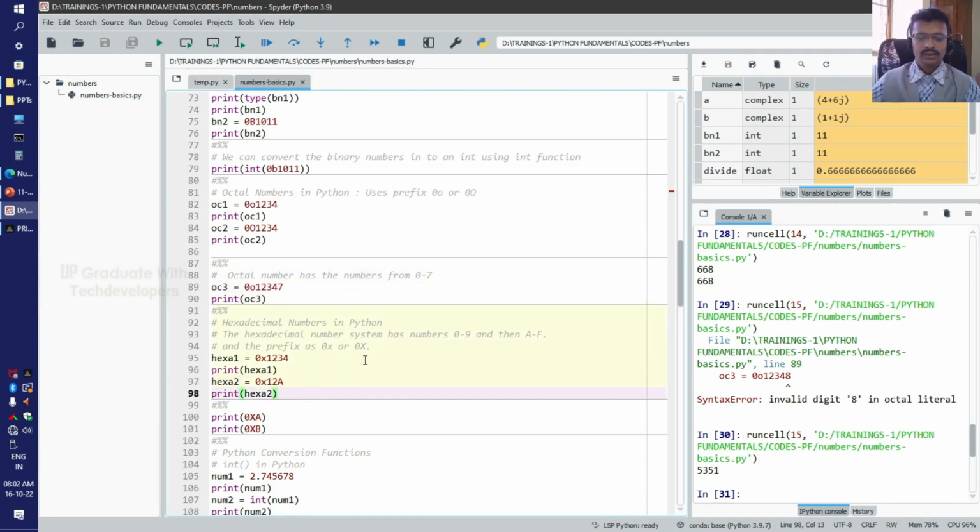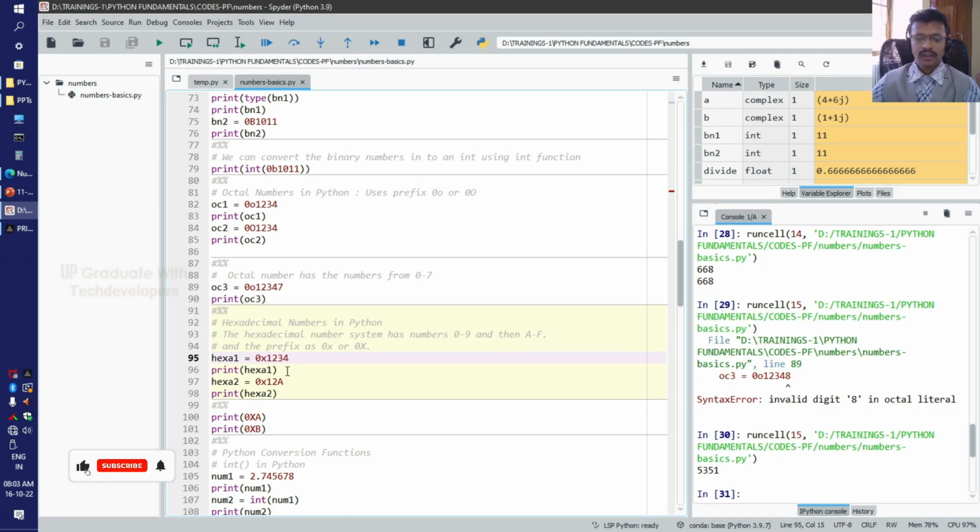Next we have hexadecimal numbers. We know that the hexadecimal number system has the numbers from 0 to 9 and then A to F. A is nothing but 10, B is nothing but 11, and so on.